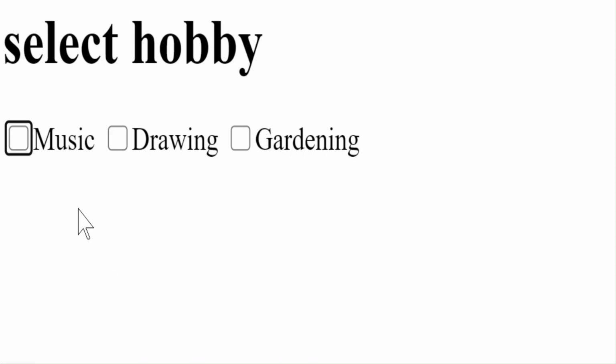Others might have both music and drawing. So they can make their selection by just clicking inside the music checkbox if they want to select only one, and if they want to enter both hobbies, they can select them by clicking these two checkboxes. Like this, you can enter two selections at the same time using the checkbox.